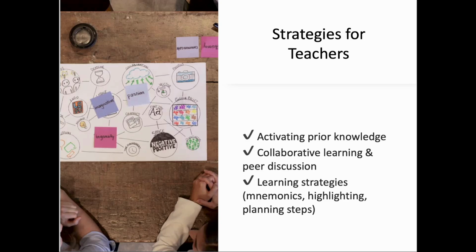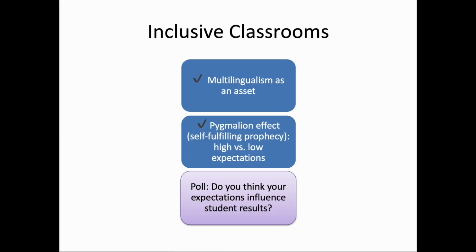And strategies such as mnemonics, otherwise known in Dutch as ezelsbruggetjes, highlighting, planning and sequencing steps of learning. To build inclusive classrooms where everyone can learn equally, multilingualism is truly an asset rather than assume that native languages, first languages, should be avoided in English class. Let's include them and make use of them.